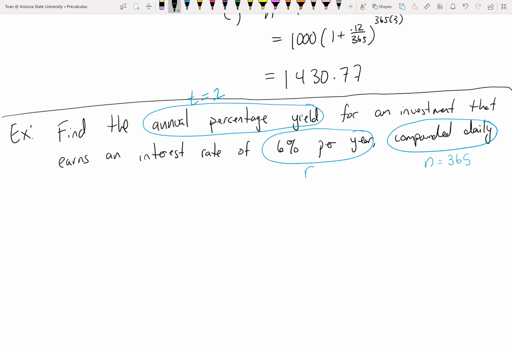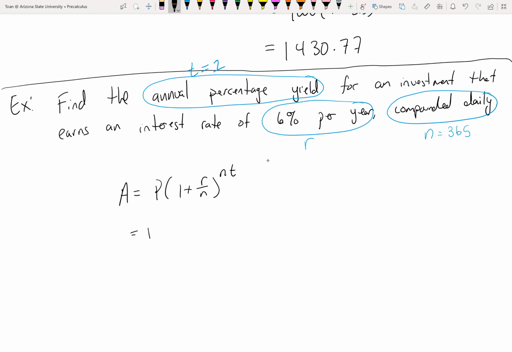Let's just go ahead and do the formula. A equals P times 1 plus R over N to the NT power. I'm going to plug everything in. P times 1 plus interest rate is 0.06, compounded daily is 365, 365 times 1. Right?